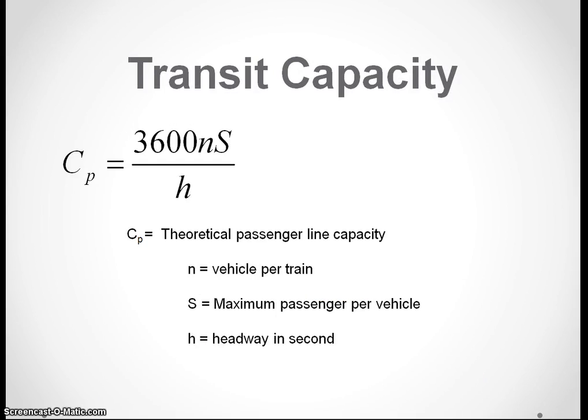And we can calculate the transit capacity using this formula. This is a quite logical formula. You have maximum passengers per vehicle, and you have headway. You just divide maximum passengers per vehicle by headway, let's say for 2 minutes.